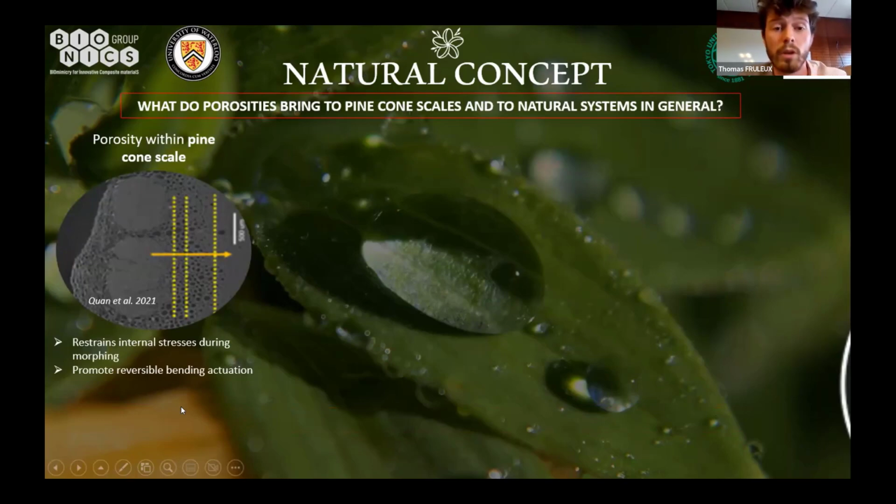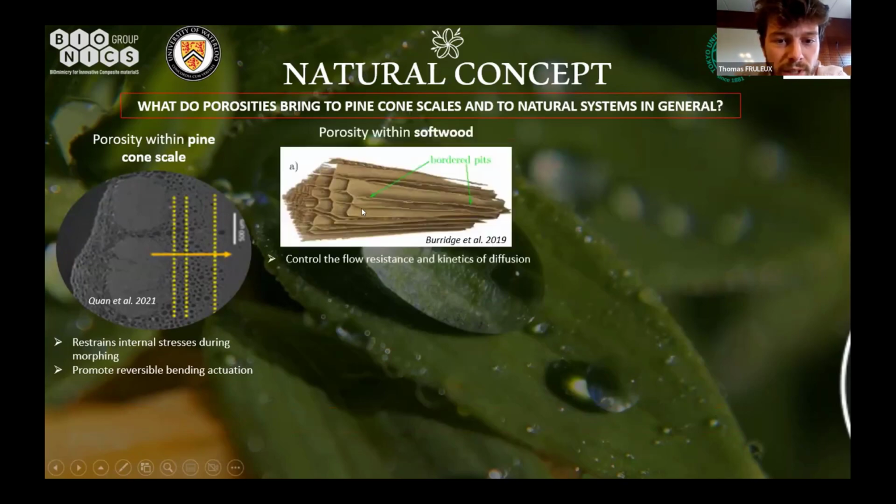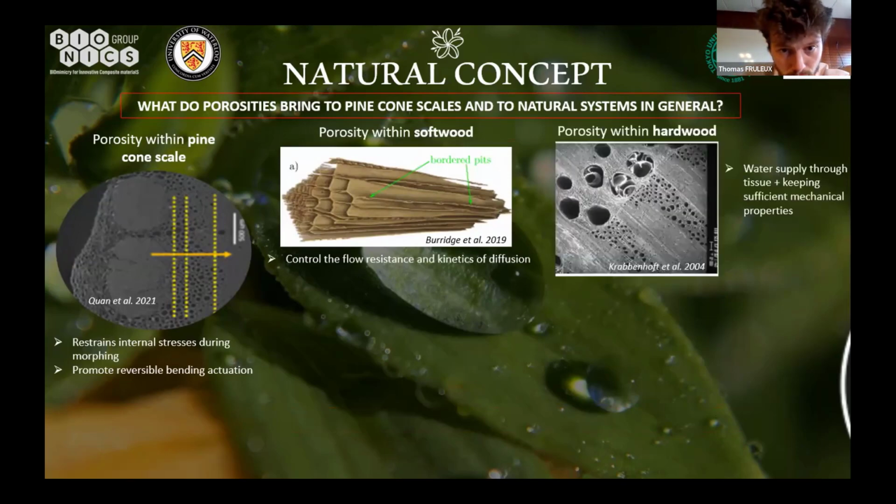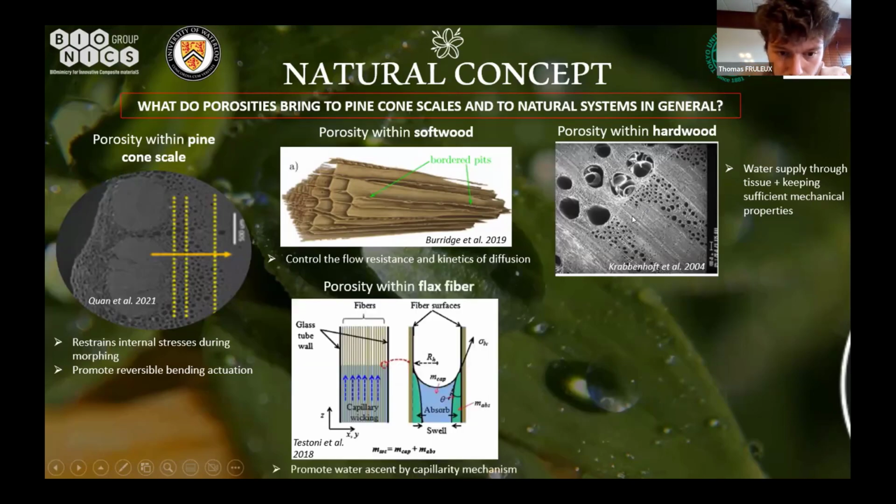But there are a lot of other examples, for example, softwood, which has porous canals such as tracheids and pits, which control the flow resistance and the kinetics of diffusion of water through the tissue of wood. The same observation can be made in hardwood, where there is a distribution of the porosity of the canals, which promote the supply of water through the tissue.